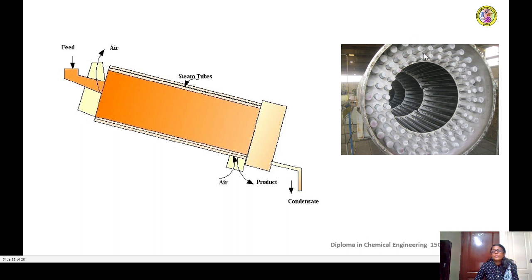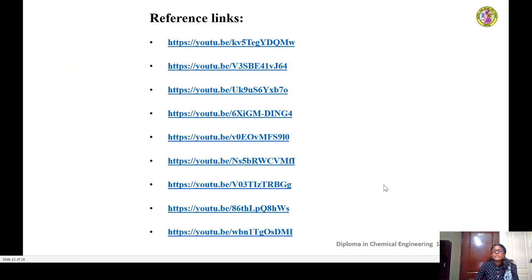So this is a side view of the steam heated rotary dryer. You can see the steam tubes running, and this is the space where the material advances from this end to the opposite end.